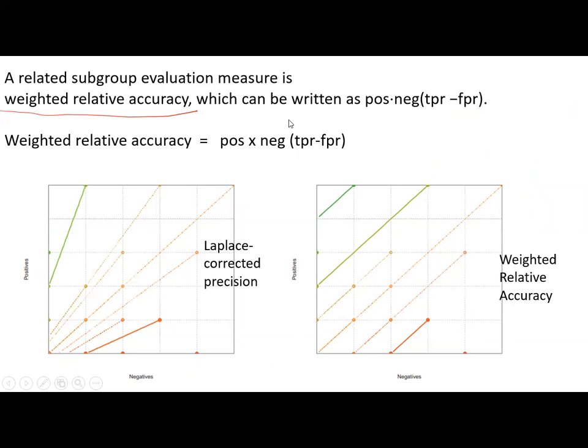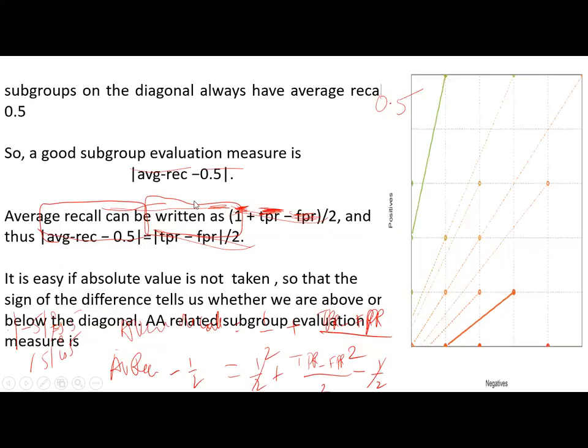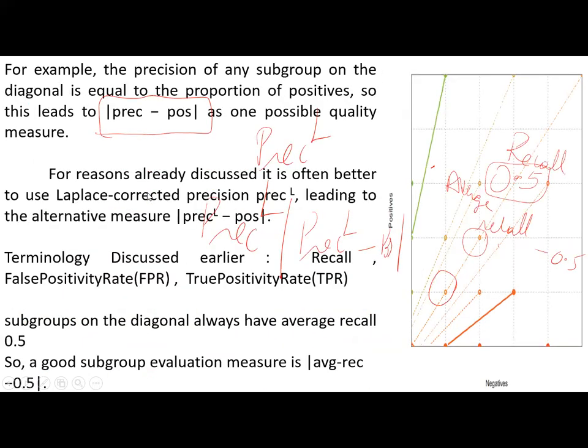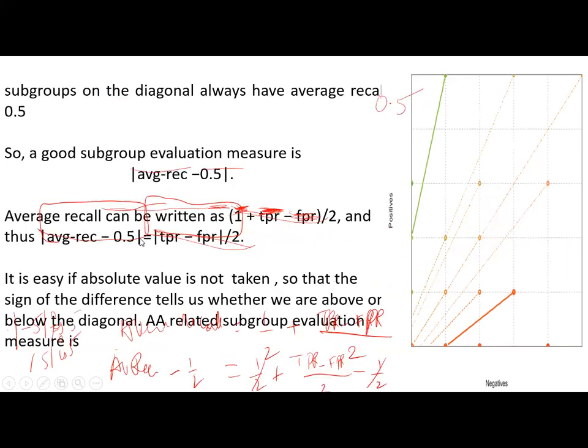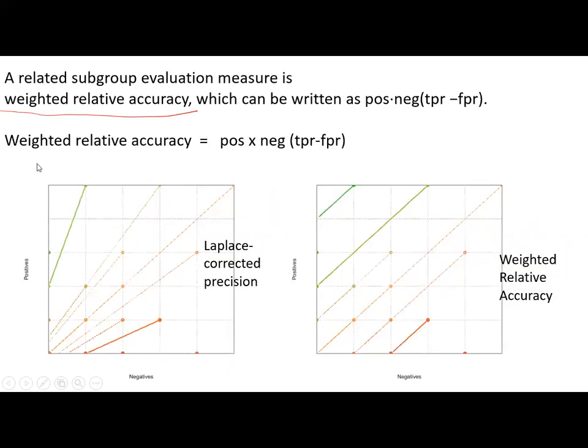Weighted relative accuracy can be written as positive times negative times the true positive rate minus the false positive rate. The previous one is called Laplace, and this one is called weighted relative accuracy.